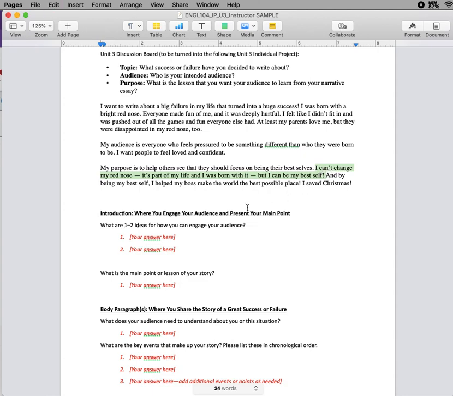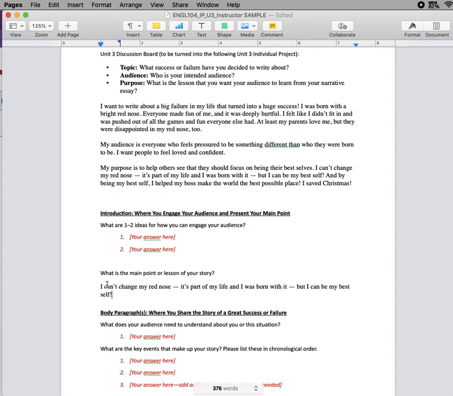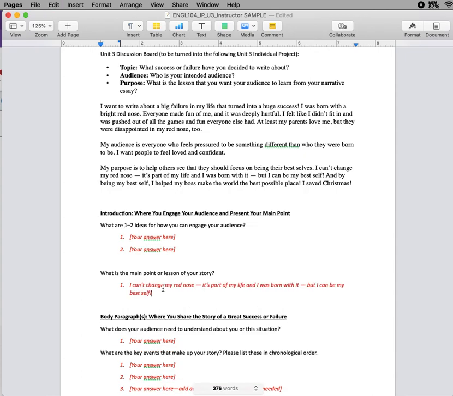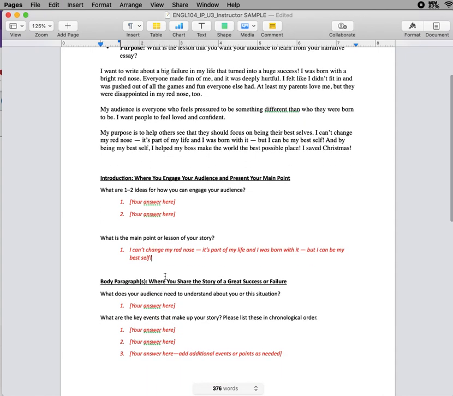It says, I can't change my red nose. It's part of my life and I was born with it, but I can be my best self. And being our best self is what my little story here is about. We'll have to see if you can recognize who I'm writing about. I'm channeling a fictional character. I think you already guessed it if you looked at any of the parts.